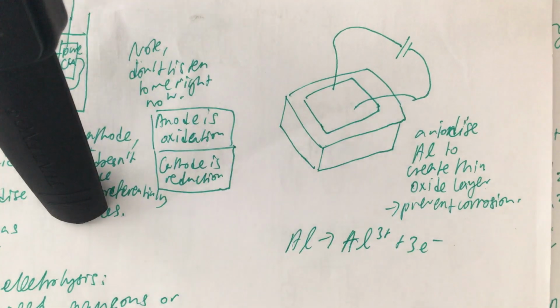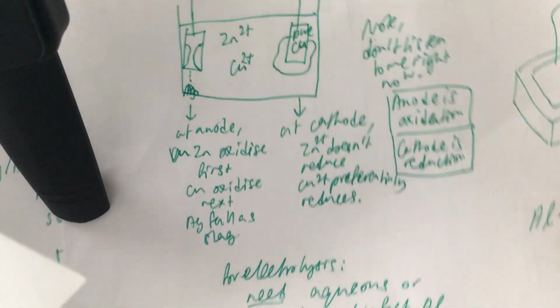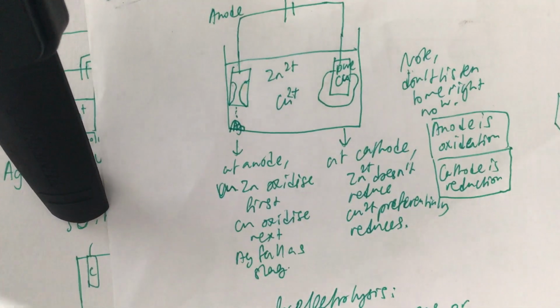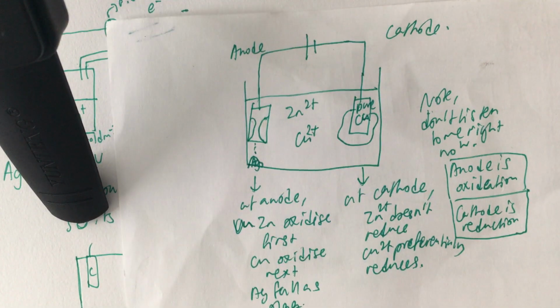Yeah, so it will do that. So I mean, you'll just be involving the Al3+ formation. And for the copper one, you'd have the copper 2+ formation, and then at the other side you have it going back to copper. That's the idea of the copper purification. Yeah, that's about it. I think we're done.